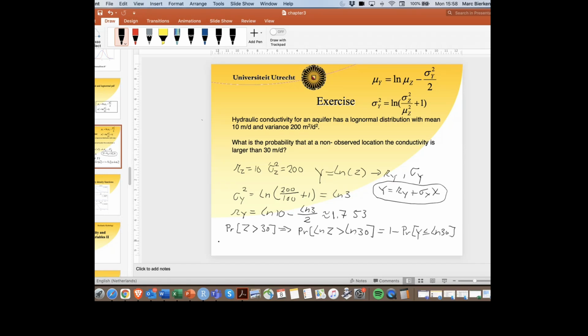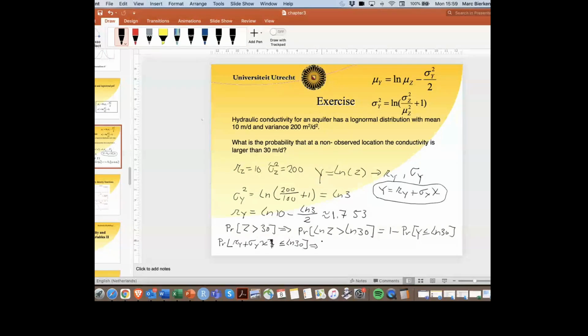So that is equal to the probability that the mean of y plus the standard deviation of y times chi, sorry, is smaller equal than ln 30.